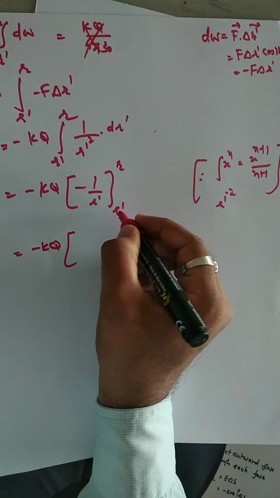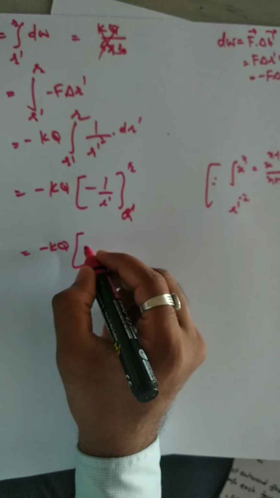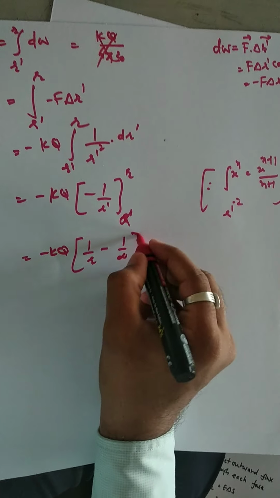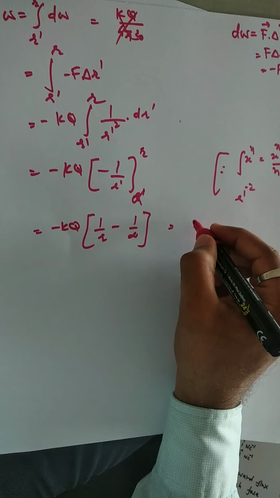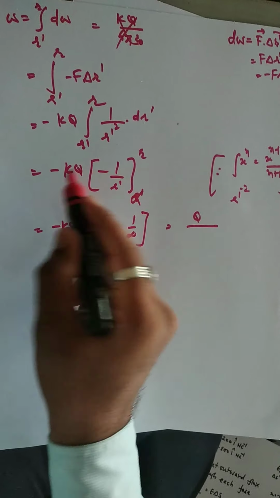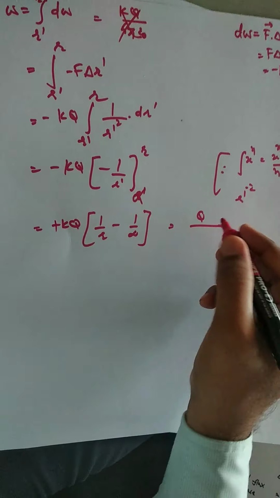If I consider this r dash as infinity, the equation will be 1 upon r minus 1 upon infinity. So finally the equation will be kQ, as I have taken the minus sign outside, so this will become plus.